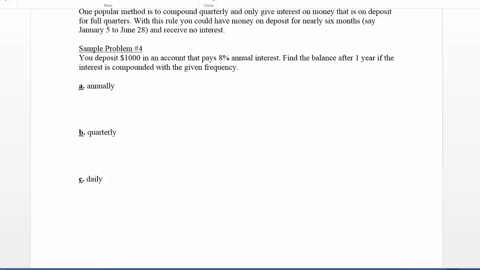Okay, so for sample problem number 4, we'll start with the account balance and we'll do an annual account balance. And so our initial starting amount was $1,000. So we're going to be 1 plus the interest rate, which is going to be 0.08 in a decimal format. Compounded annually, that's 1 time per year, raised to n times t. So we're only going to do this for 1 year.